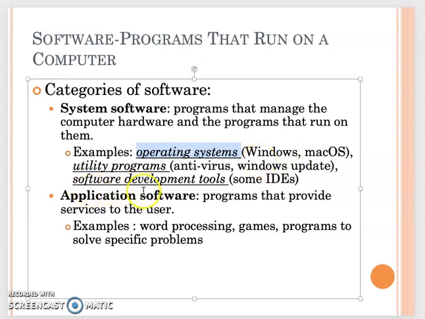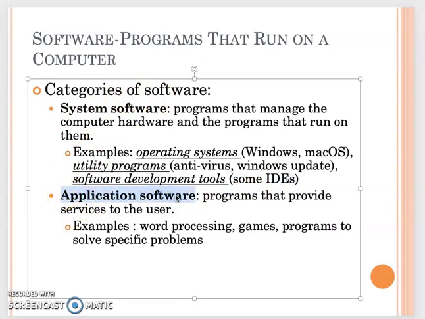Or software development tools, like the IDE, the integrated development environment. I will talk about the IDE in detail in another video. We will use it in this class to write a program, run it, and compile it.